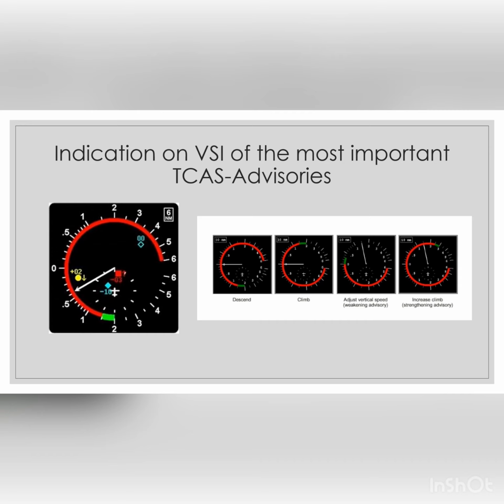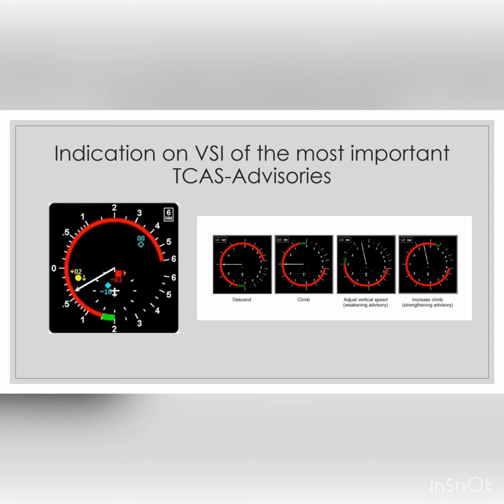As you can see, the properties are descent, climb, adjust vertical speed, and increase climb. You see the needle is the same on descent and climb, but it's totally different if you look carefully at the rate growth, the green and red line. This is also for your notes.